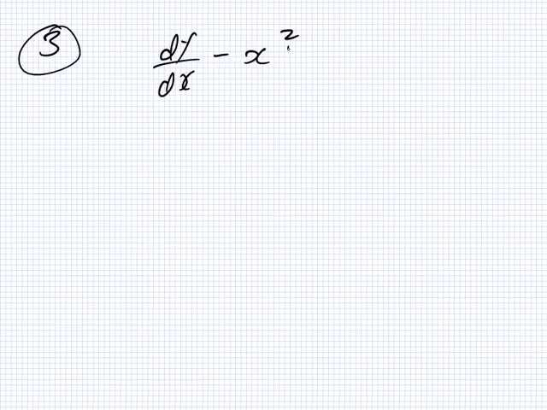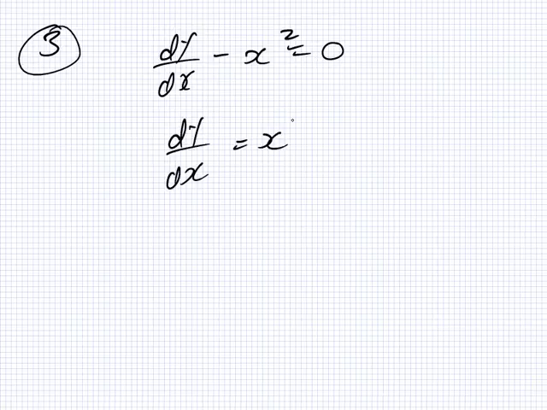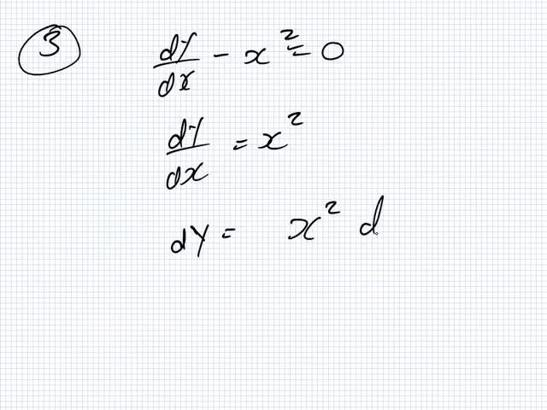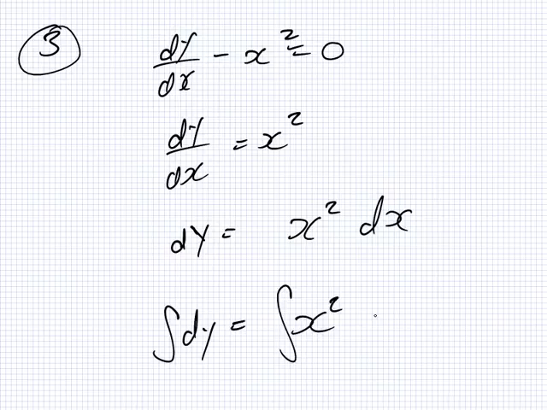I'm going to do number 3. So what do I need to do for this one? Take the x squared to the right. And then what's next? Integrate. Yeah, so what I'm doing is I'll separate the dy and the dx. Can you see that? Yeah. So now I get dy integrates and x squared dx integrates.